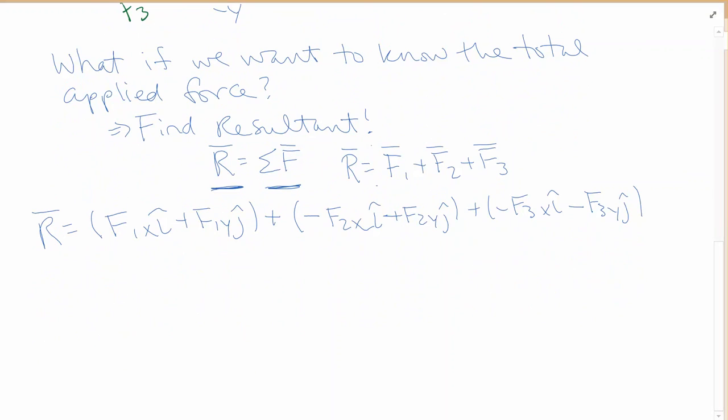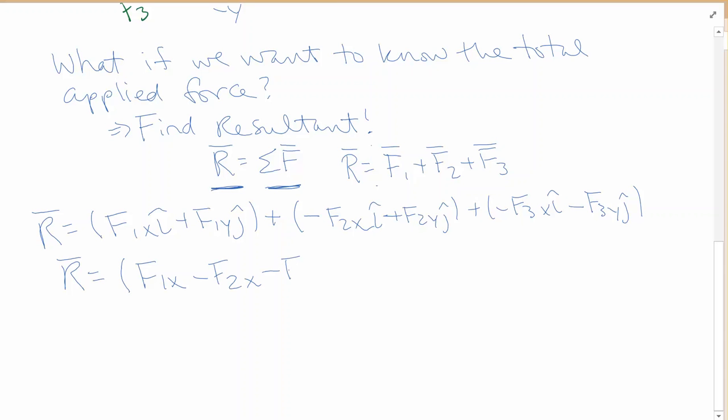So now that we have this, we want to add up the like components. So you can only add up the components that have the same unit vector. So we're going to look at all of the components that have the i unit vector and sum those up. So we have F1x, and then we have minus F2x. Make sure you carry over that negative sign.